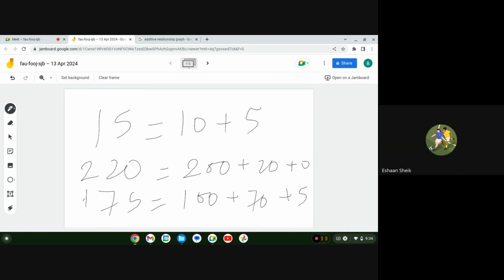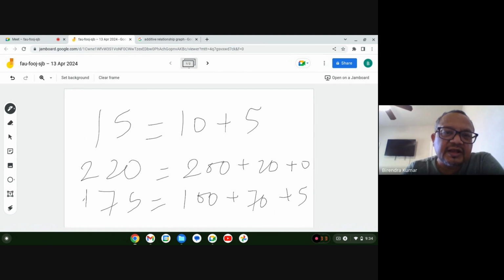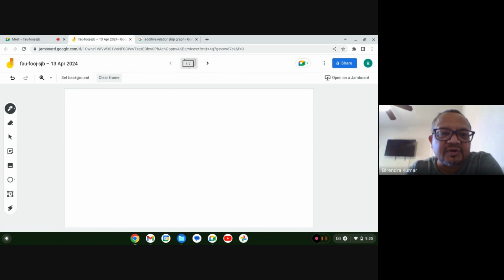Yeah. Now, there's one more thing, something called place value. Okay. So let's play with the place value first, then we'll talk about the expanded form tomorrow. So first is called unit place. Unit.